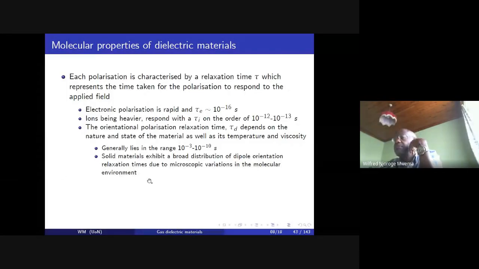Solid materials will exhibit a broad distribution of dipole orientation relaxation times because of the microscopic variations in the molecular environment.